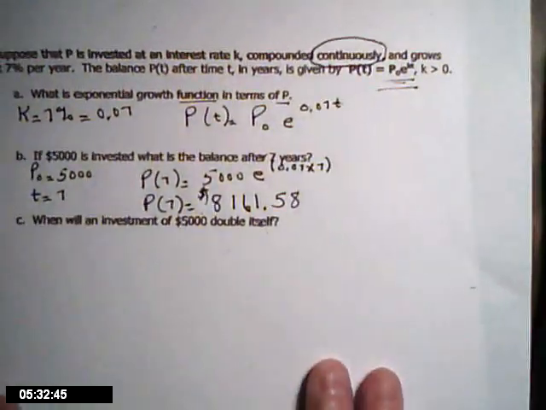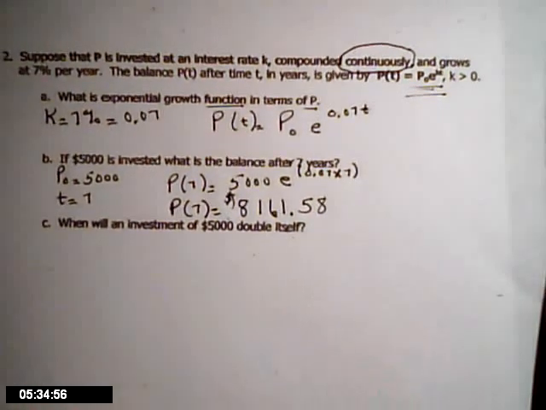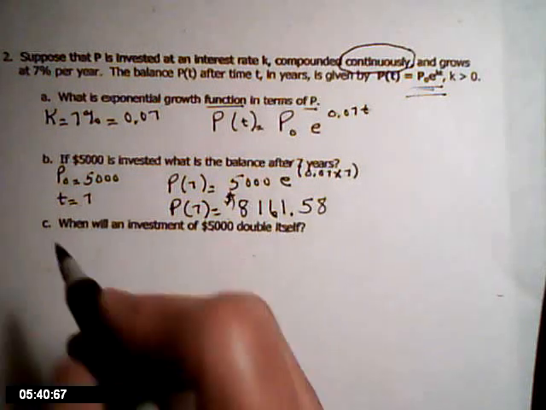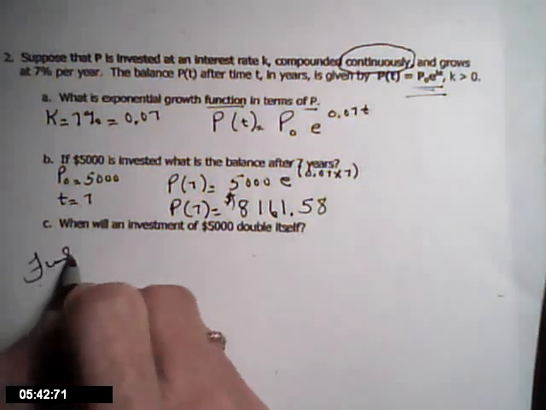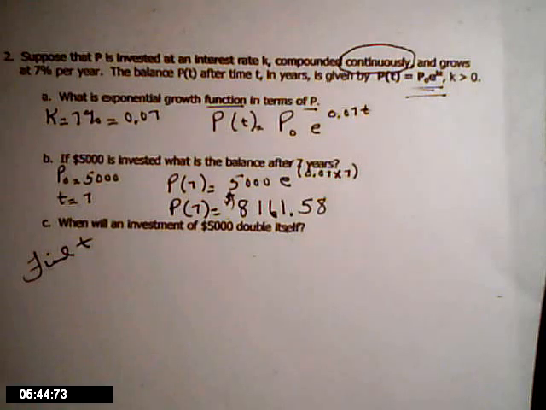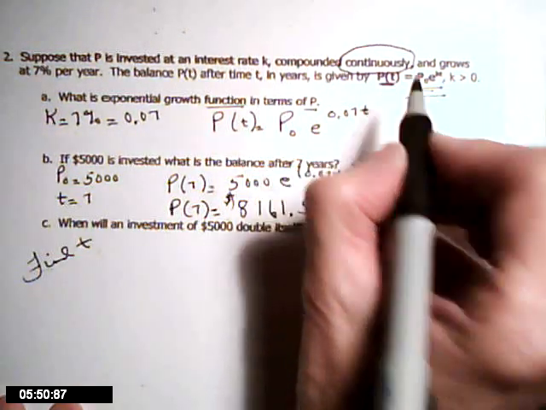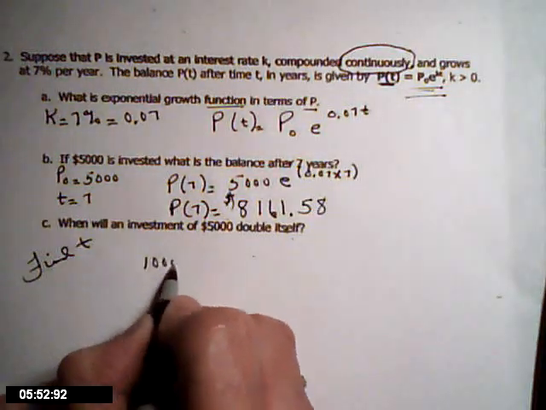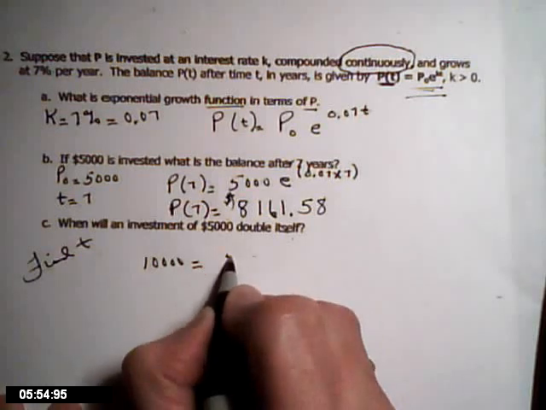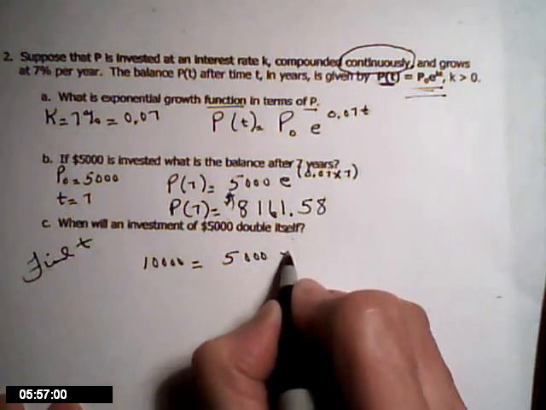Now you might do one other thing, and this is a good what-if for life. When would your money double itself? In other words, if I put 5,000 in, I want to know what year I would go back and my money would be $10,000, double. So I'm going to take my problem. Now remember, I want to get $10,000. I started with $5,000.